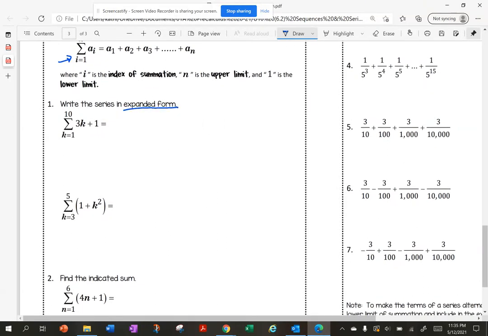So I know I am going from 1 to 10, so I know I have 10 terms. So it's just substituting in.